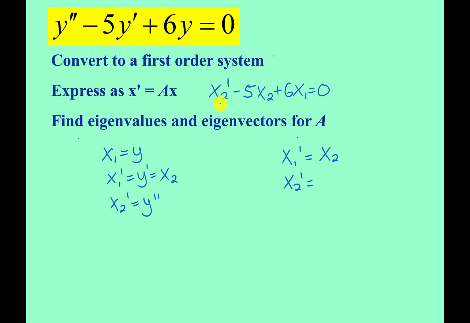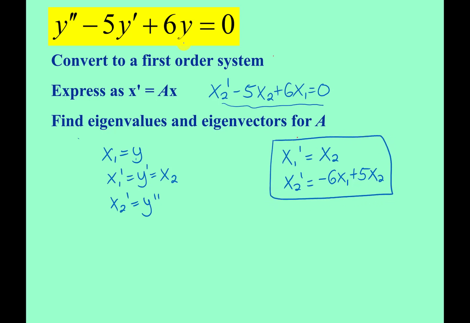Now we can take this equation and we can solve it for x2 prime. And then we can put the solution here, and we want x1 first, so we'll move the 6x1 over and be negative 6x1 and then plus 5x2. So this is our system of equations that correspond to this second order differential equation.